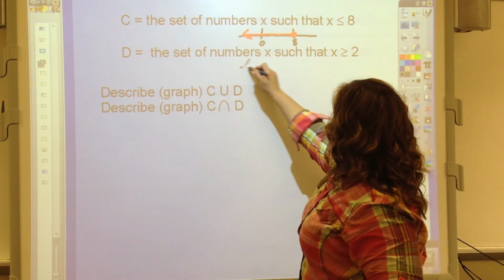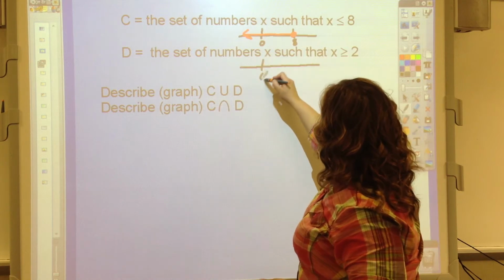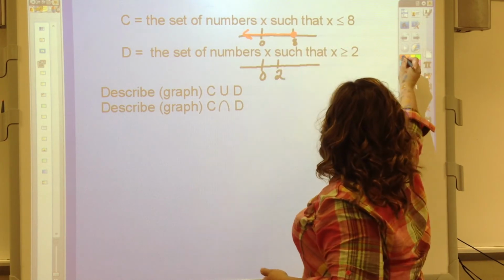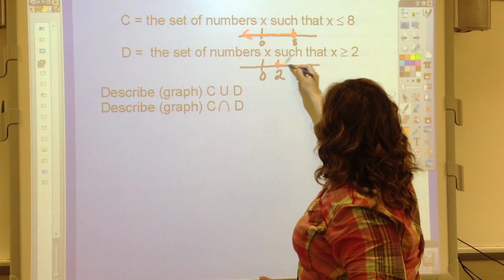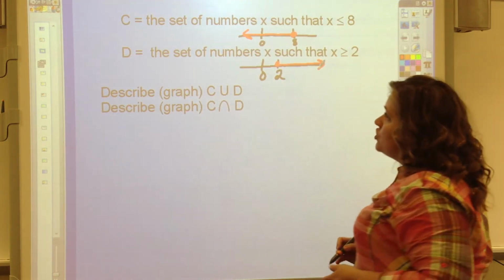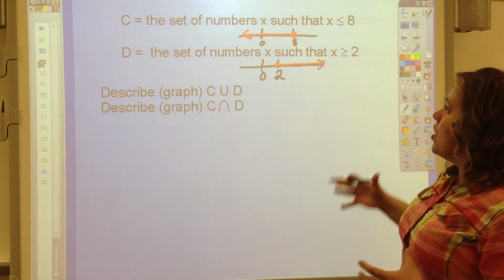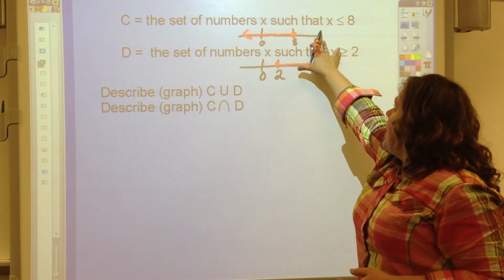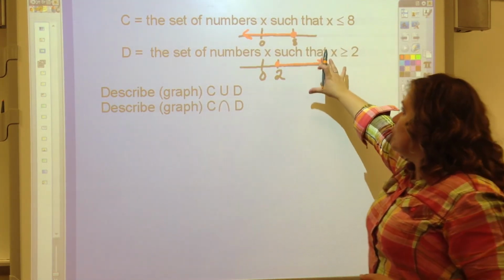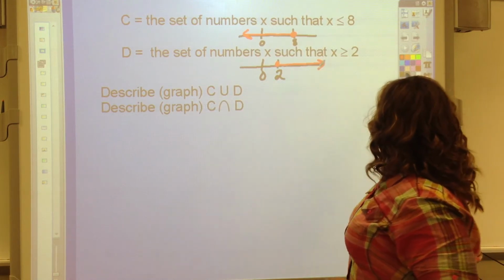X is greater than or equal to 2, here's 0, here's 2, it's equal to it, and everything greater than it.